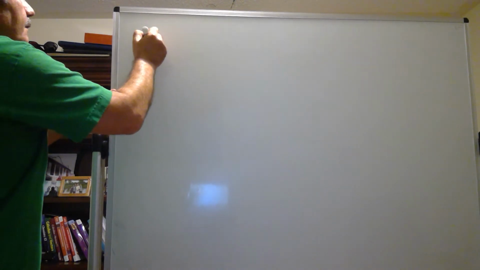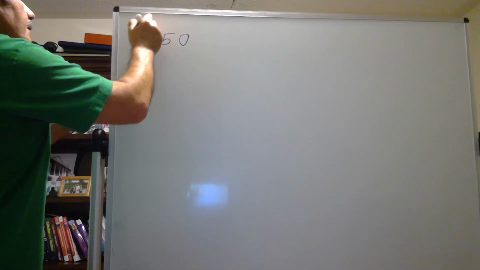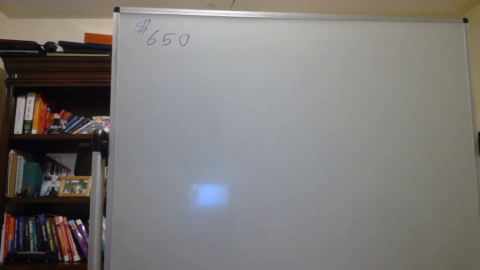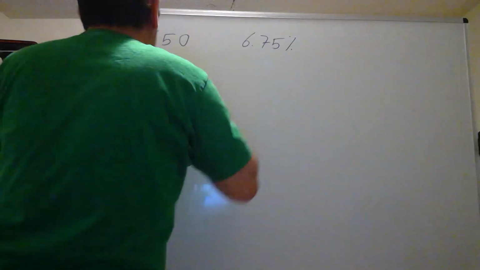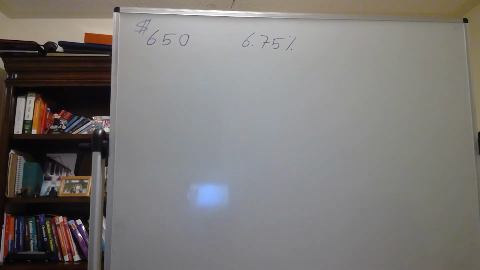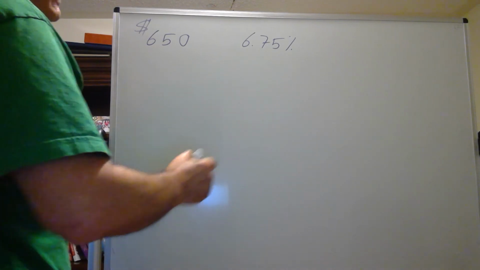Let's use an example. Let's say an investment of $650 pays 6.75% annual interest, compounded semi-annually.